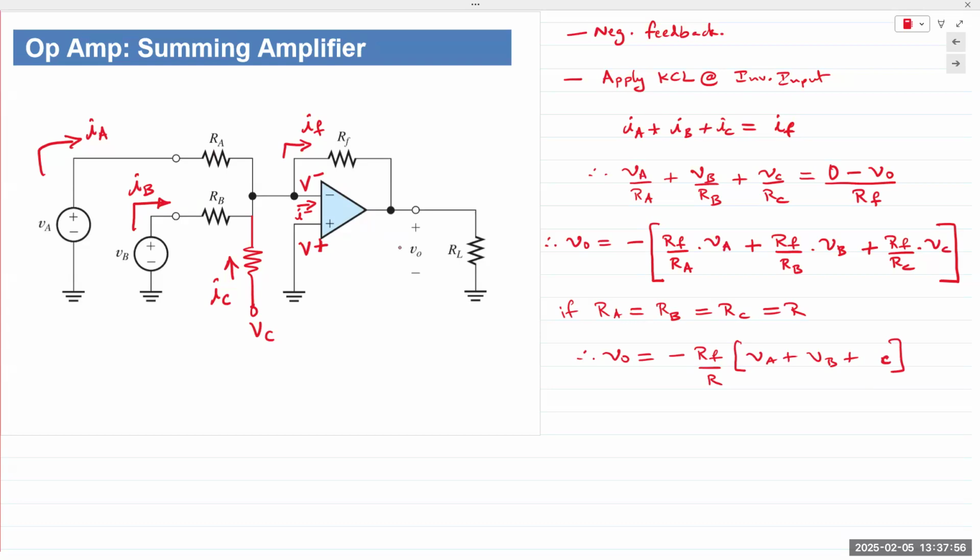The resulting expression is the sum of all the input voltages, VA plus VB plus VC. Let's take a pause. Let me know if you have any questions.